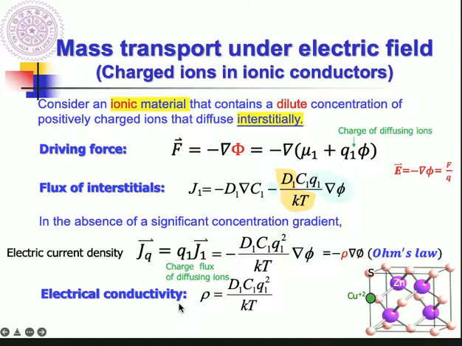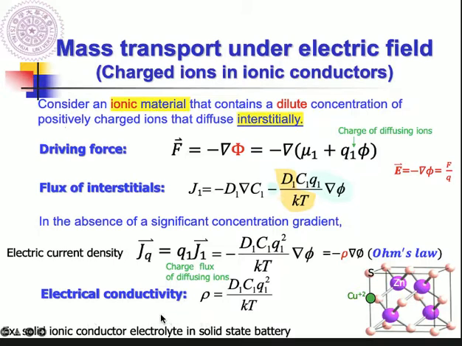ionic material will be proportional to the diffusivity of this copper ion diffusing through this matrix, the concentration of this copper ion, and also the charge of these interstitial ions. So these results will benefit people who study ionic conductors, electrolytes in a battery.